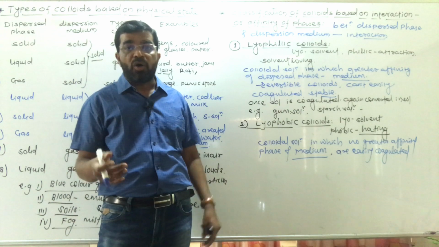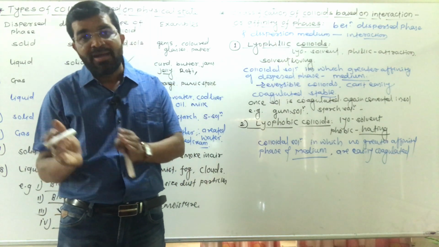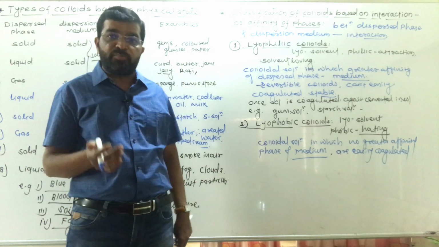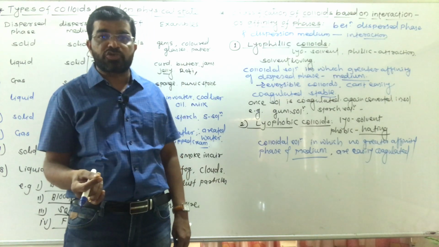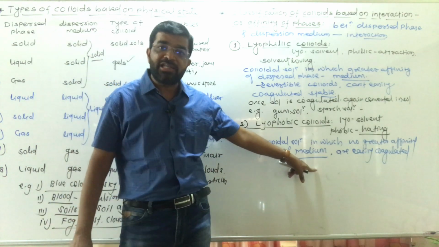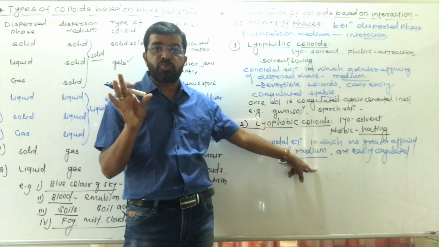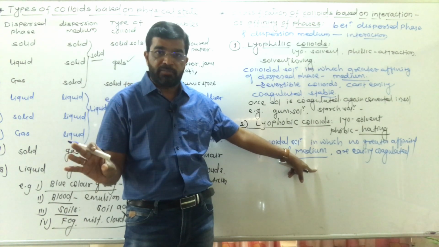Coagulation means what? All the colloidal particles present in solution are separated from the medium or from the colloidal solution and form the precipitate. So they are easily coagulated as there is no greater affinity between the dispersed phase and dispersion medium.